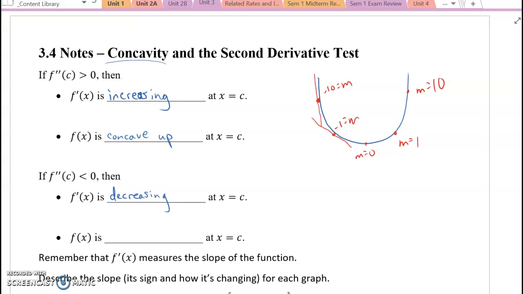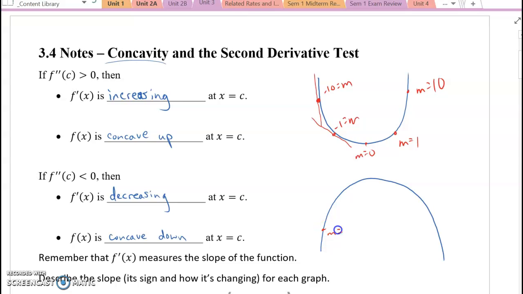And then you guessed it, if our second derivative is negative, our first derivative is decreasing, our original function is concave sideways. No, down. And we think about the letter N in down, or the upside down U. Same idea. We've got a slope that's very steep.